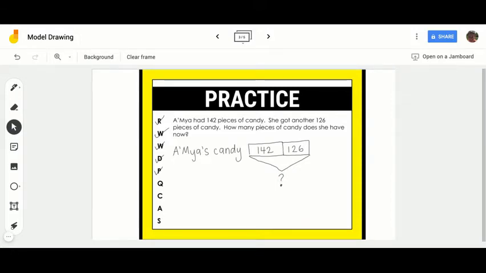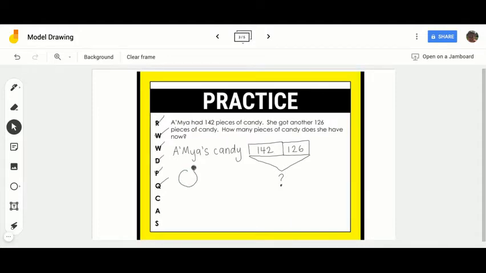All right, so just like yesterday, check mark our Q. Let's draw our number bond that this would match. So I'm going to match it in the same direction it's going on here. So I have my 2 parts are connected up top. My whole, again, is going to be my question. I have 142 and 126.